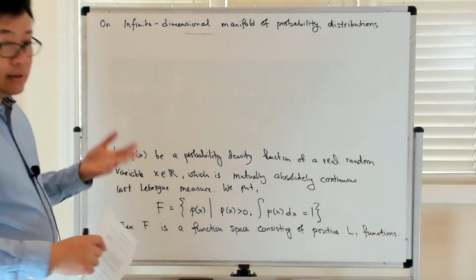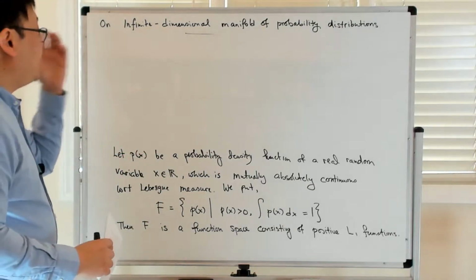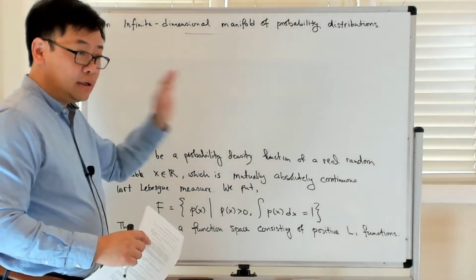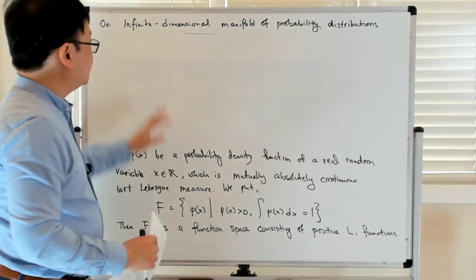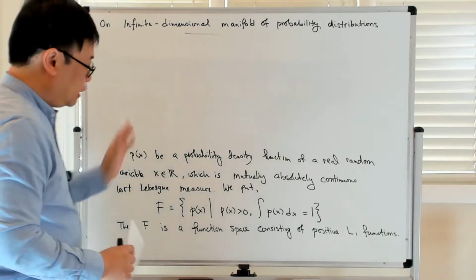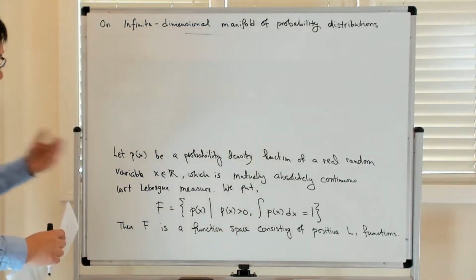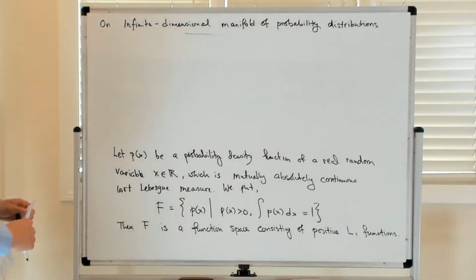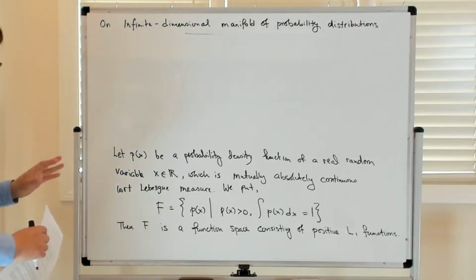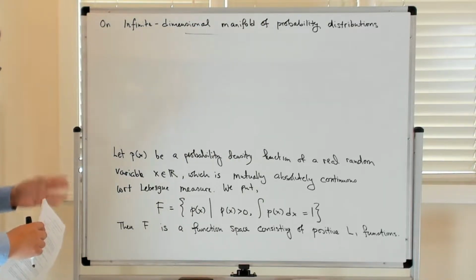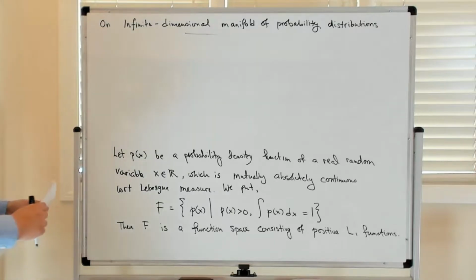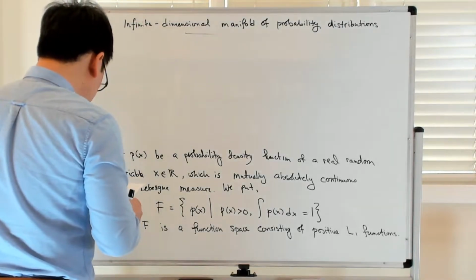That's the sense in which this manifold of probability distributions defined on continuous random variables is an infinite dimensional space. And we're just going to leverage what we know in the discrete setting to the continuous setting in as obvious and possibly naive a way as possible, and see where that gets us.